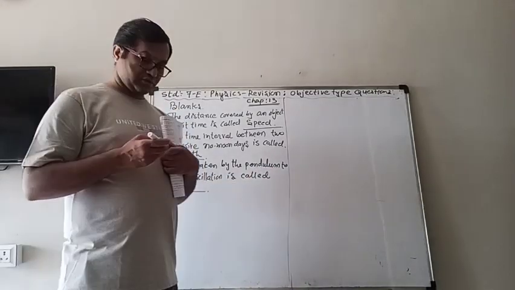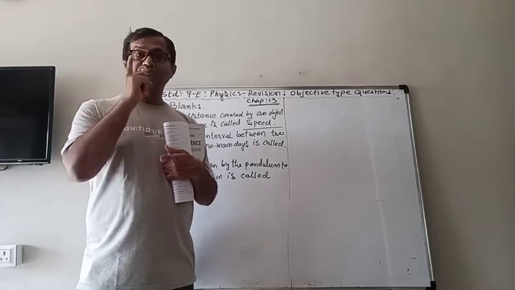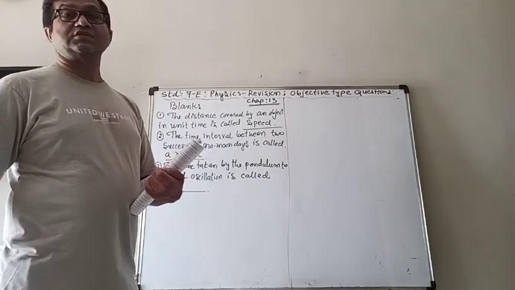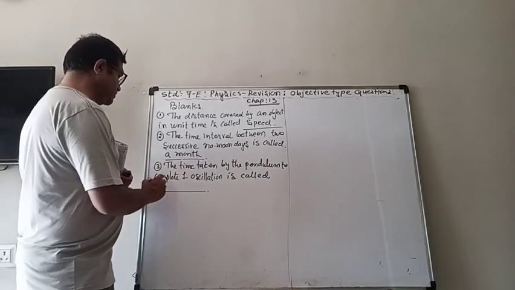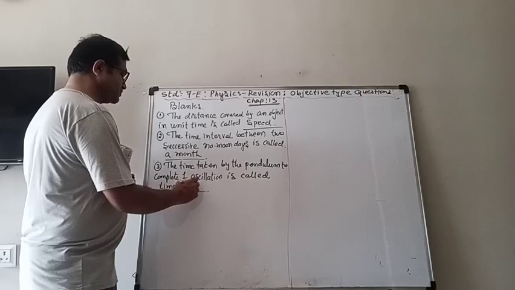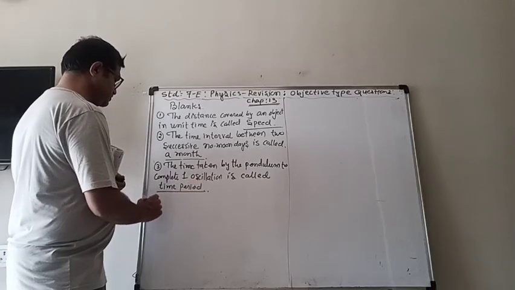So now the time taken by a pendulum to complete one oscillation is known as its time period. So your answer is time period.